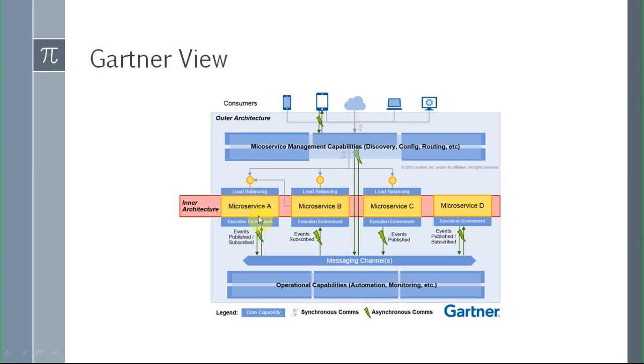And also, microservice A can communicate with microservices B, C, D using an asynchronous messaging style using a message broker. We here have message channels based on EIP, enterprise integration patterns.